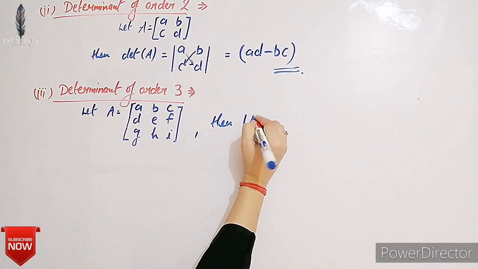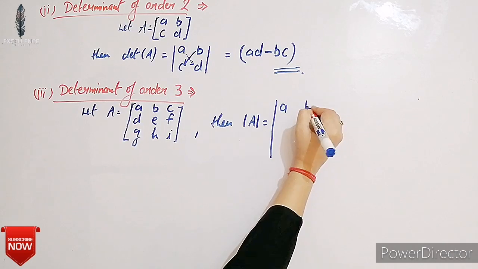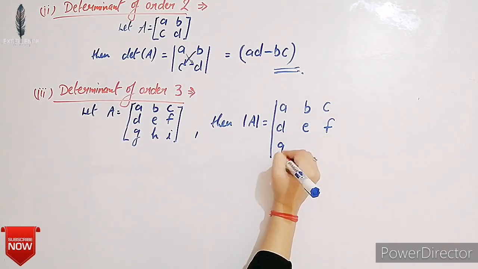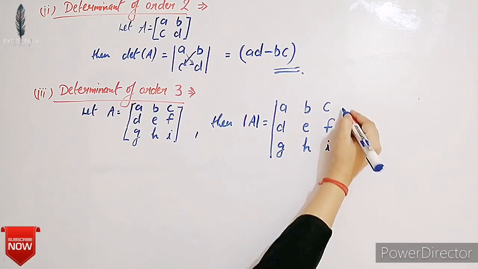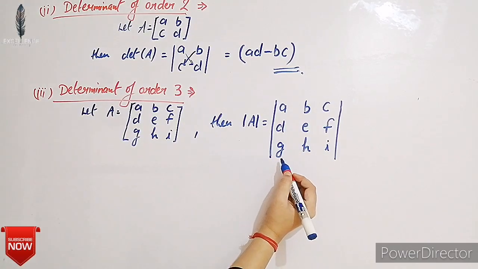Then determinant of A is equal to the determinant of these elements. We can evaluate this determinant by expanding along any row or column.